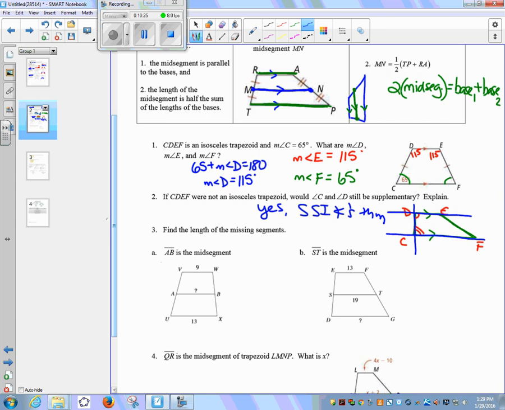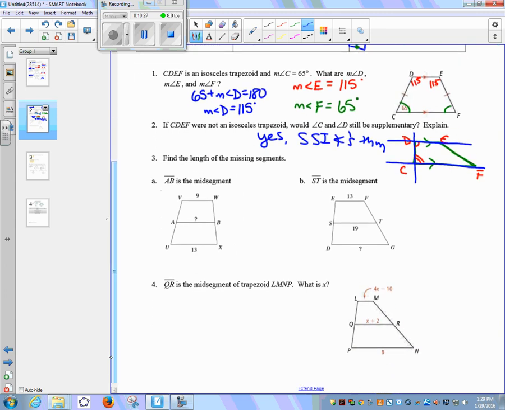Okay, find the length of the missing segments in the next part. This is using that 2 times the midsegment. Let's put an x here. I can put an x here because there's no other x values in the diagram. There's a point x, but there's not an x value.